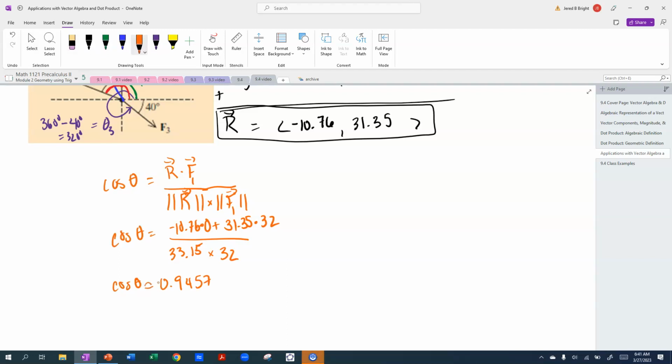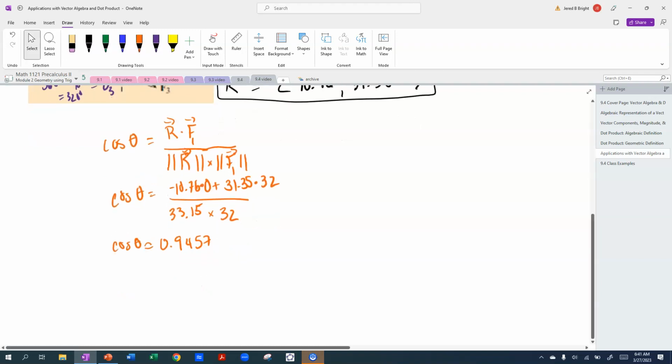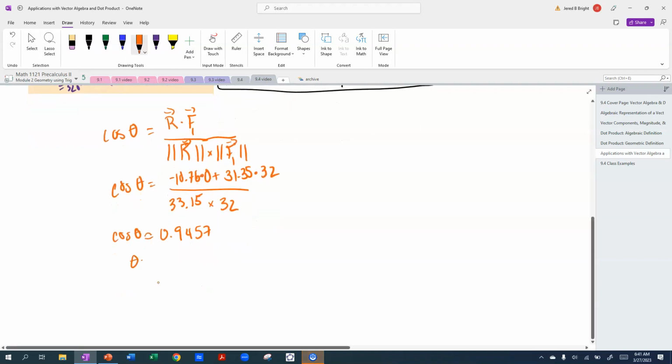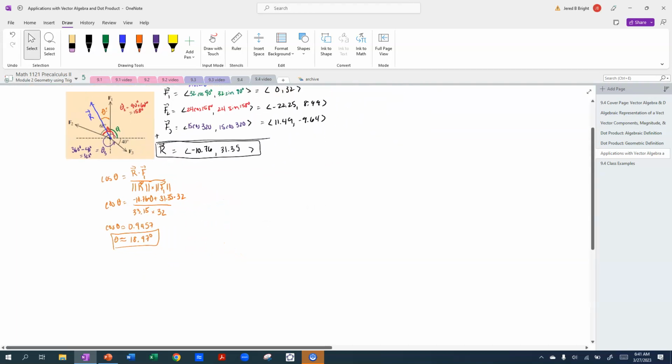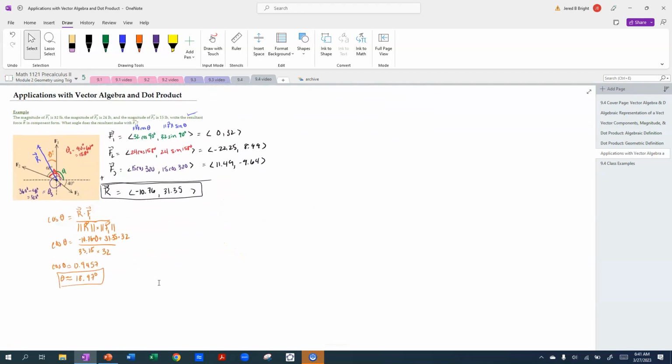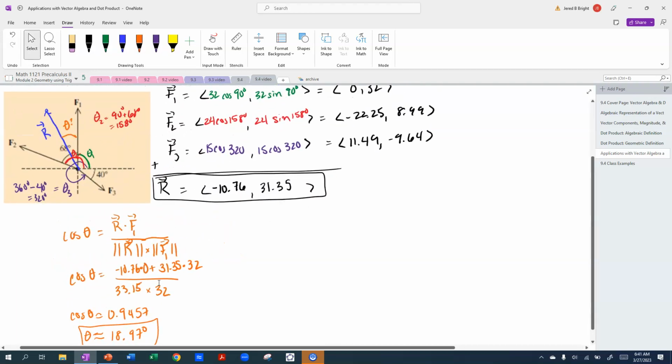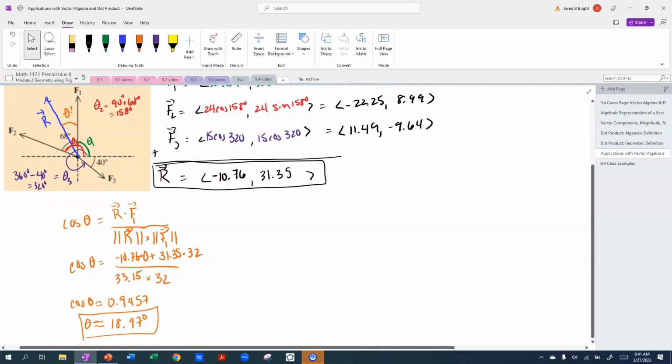And then finally, if I do inverse cosine of that to solve for the angle, theta is approximately, oh gosh, just shy of 19 degrees, so 18.97-ish degrees would be the angle. And the last thing I want to do is check whether this makes conceptual sense with my diagram. And yes, I could see it being 19 degrees or so.